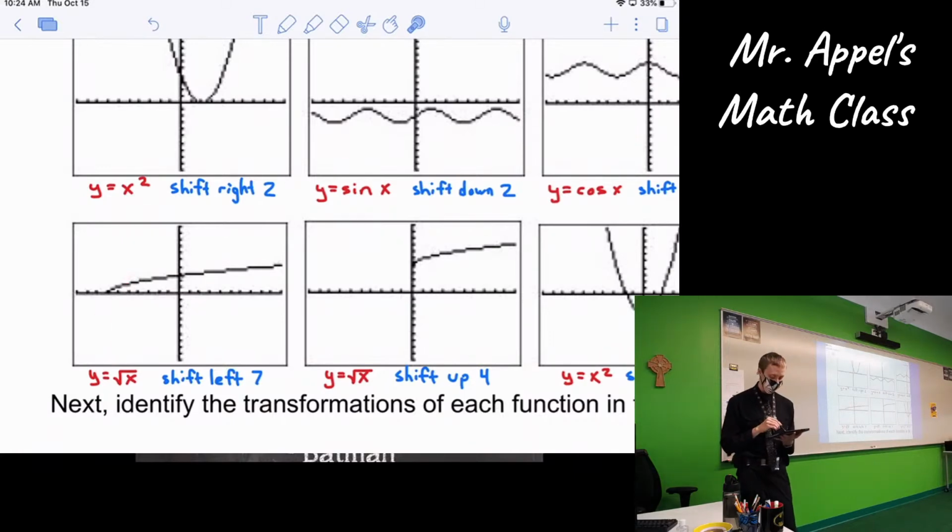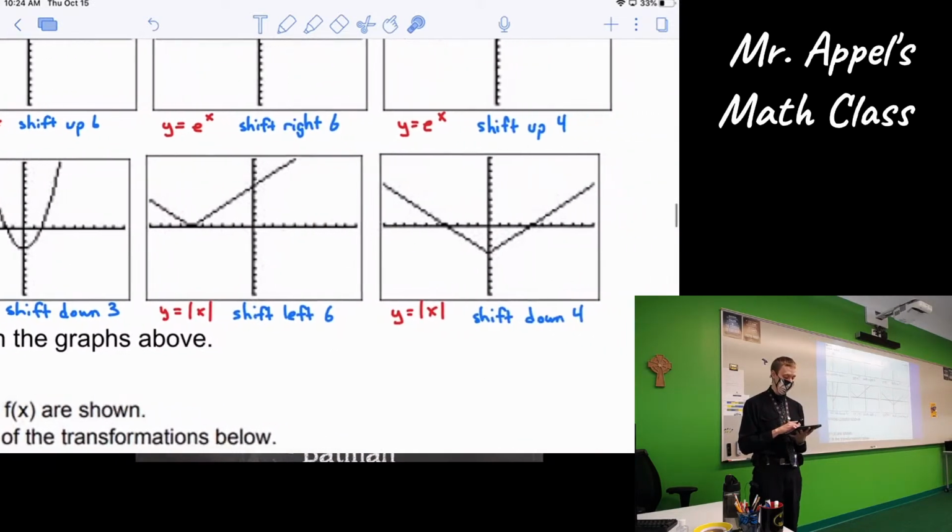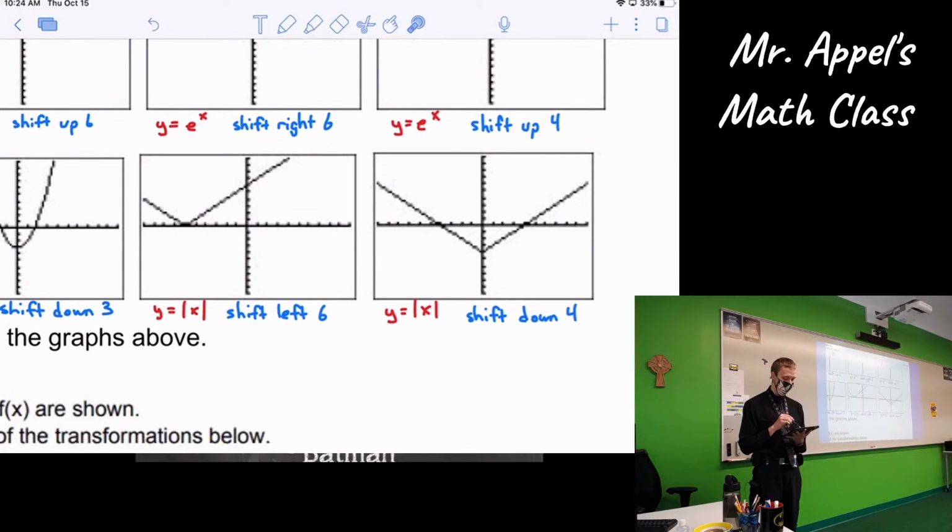These don't have that. So these two are square root graphs. This one shifted to the left. This one shifted up. Then we have another parabola, shifted down this time. And finally, 2 absolute values. V guy shifted to the left 6, and this one down about 4.